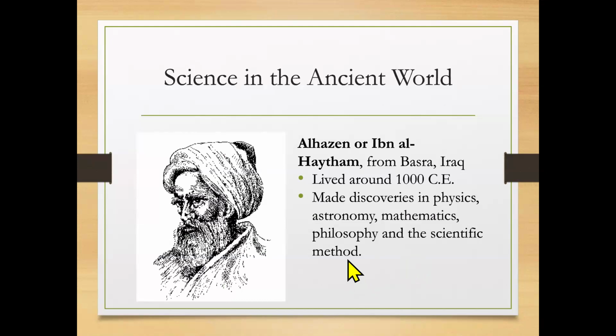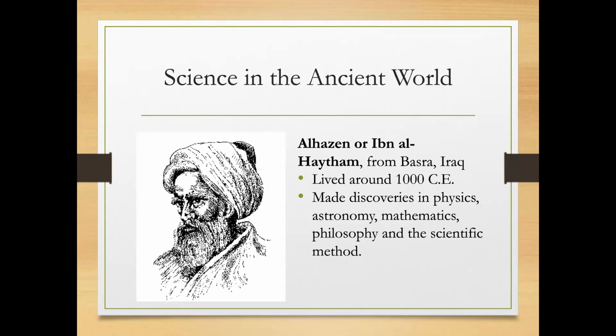And this is one example: Alhazen, who lived in what's now Iraq and made discoveries, notice, across many different sciences, including philosophy. All right, so people weren't called scientists at the time. They might be called philosophers or natural philosophers often.